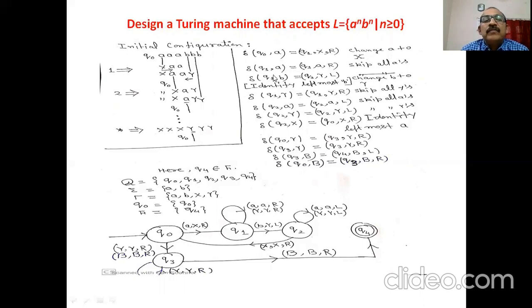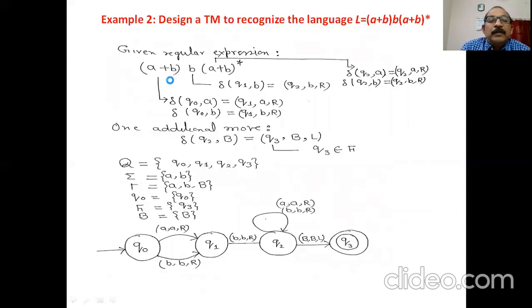Okay. If it encounters the B, what we have to do at this place, we want to convert this B to capital Y. Here you can see machine in state Q1, input is B, it goes to the state Q2, replaces this B by capital Y and moves in the left direction.